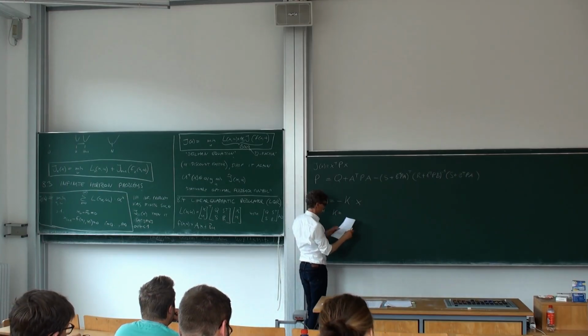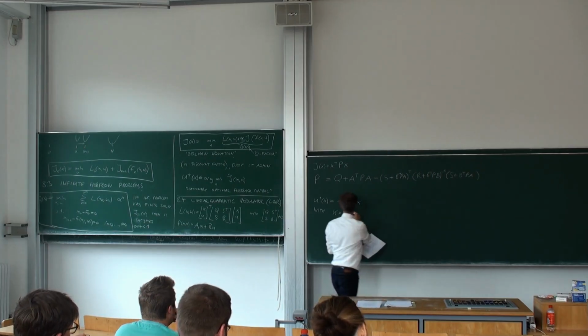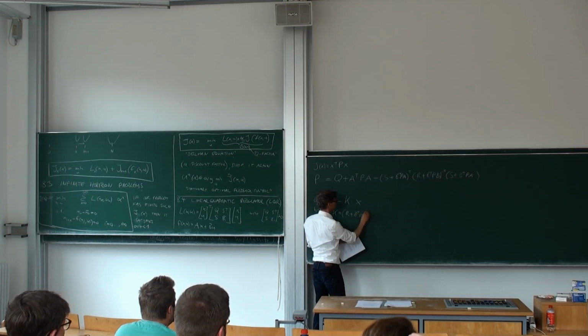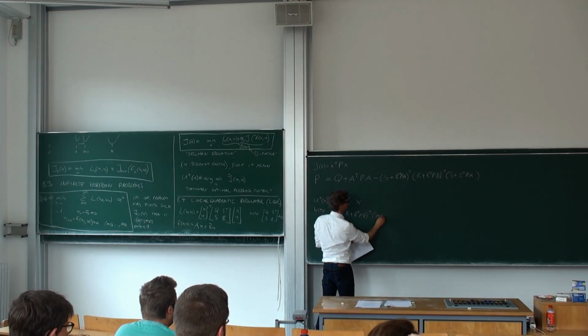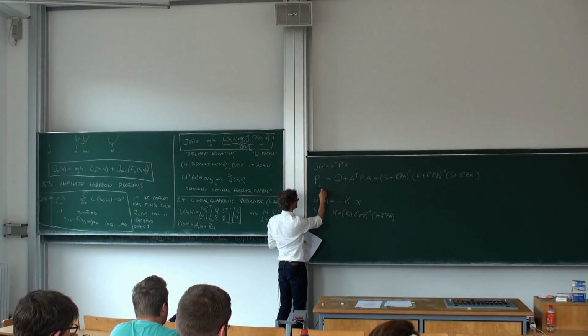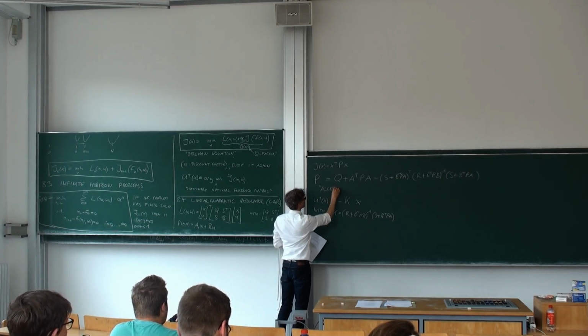It was R plus B transpose P B to the minus 1, and then S plus B transpose P A. So this equation is called the algebraic Riccati equation.